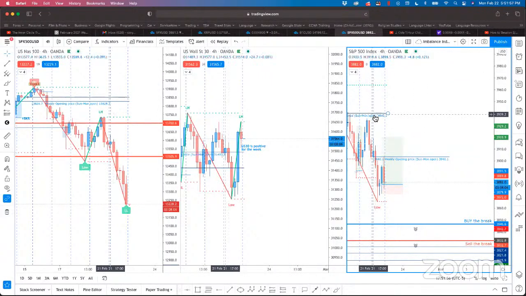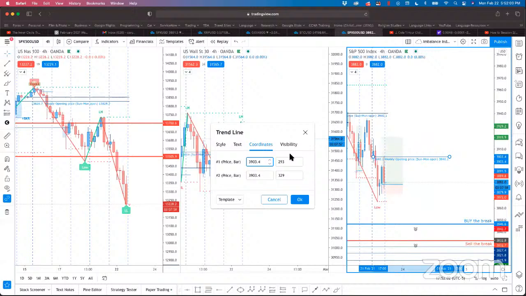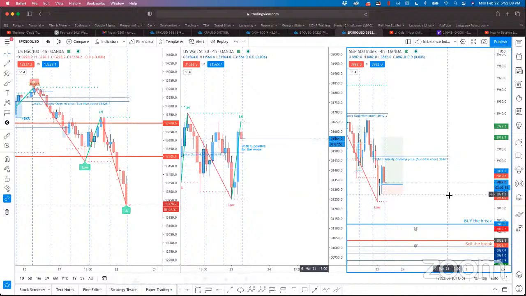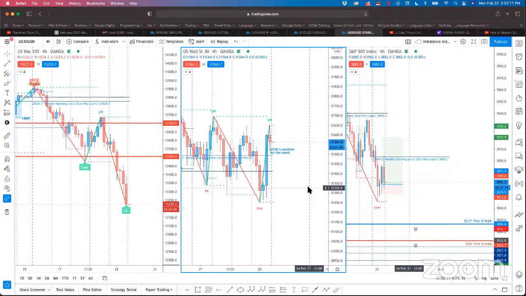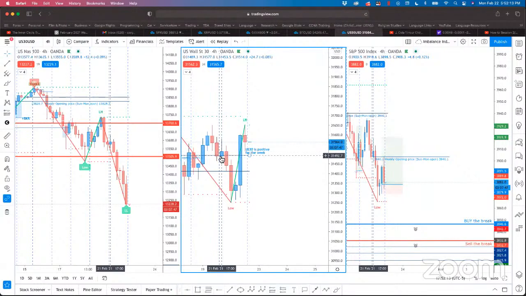So the opening price is 3903.5. That's the US 30's opening price. It is the only one of the indices that's actually up this week.